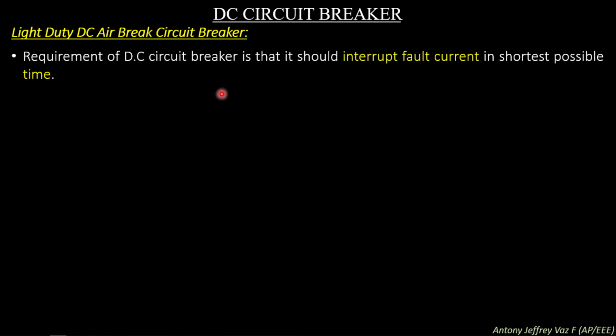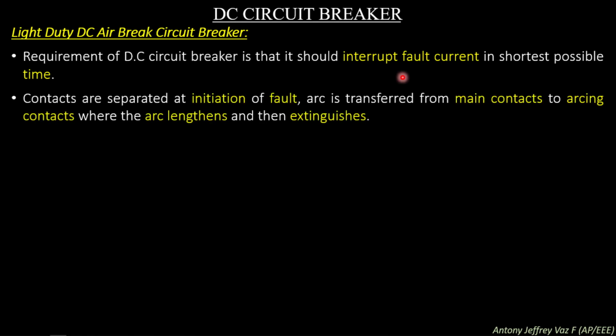The requirement of a DC circuit breaker is that it should interrupt fault current in the shortest possible time. Contacts are separated at initiation of fault. Arc is transferred from the main contact to the arcing contact when the arc lengthens and then extinguishes.